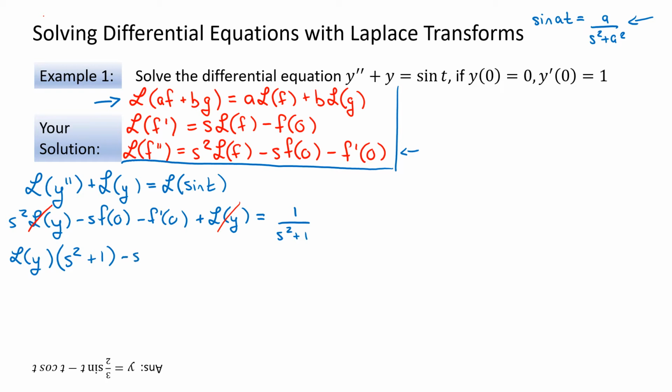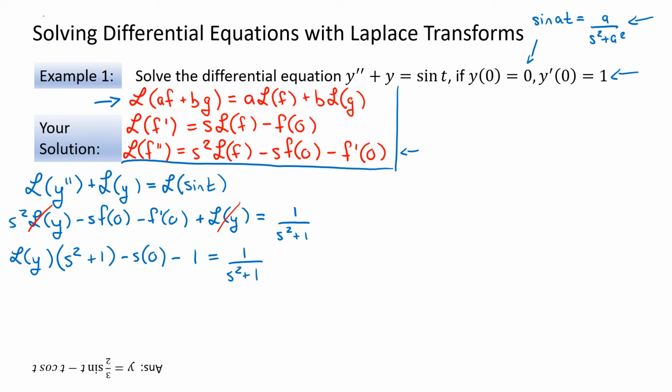Then we have minus s times our function at 0, which you remember back to here is 0, minus our derivative at 0, which is 1, so minus 1. And that's all equal to what's left on the right-hand side, 1 over s squared plus 1.